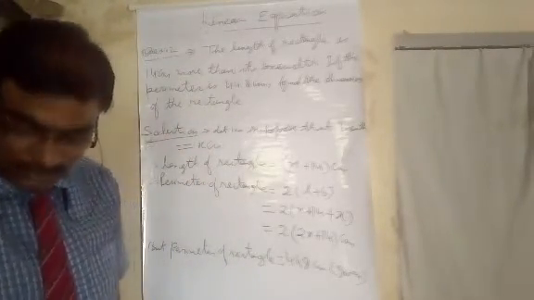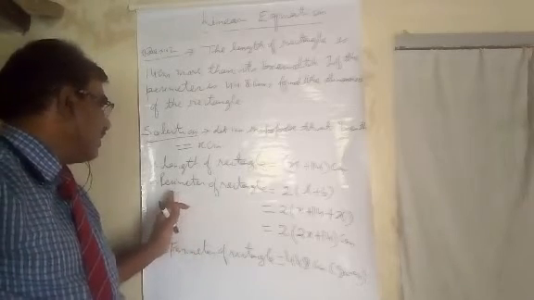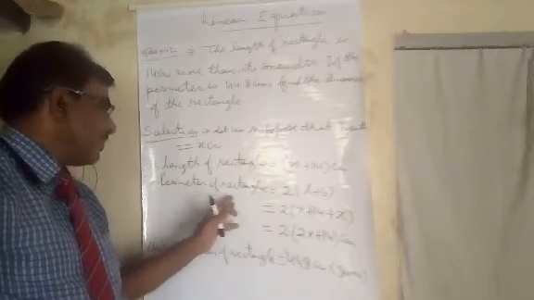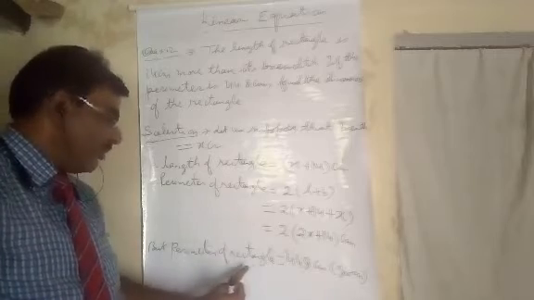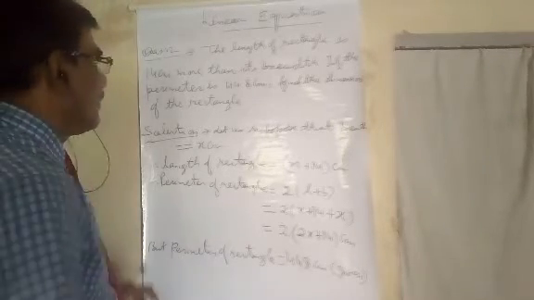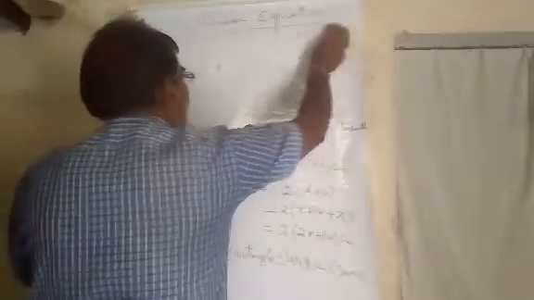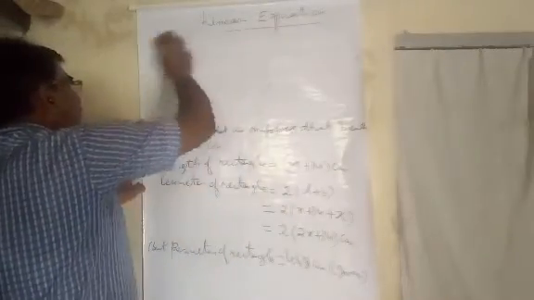Now, equating both perimeters. This is also perimeter of rectangle and this is also perimeter of rectangle. Therefore, equating both perimeters.